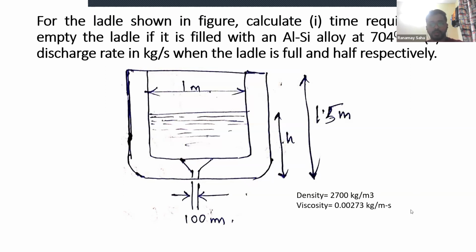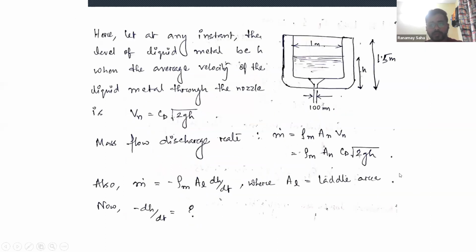Okay, so I think you have noted down this diagram. So what happens is, here we have to take care of this friction and the velocity distribution factor, which is given by beta.